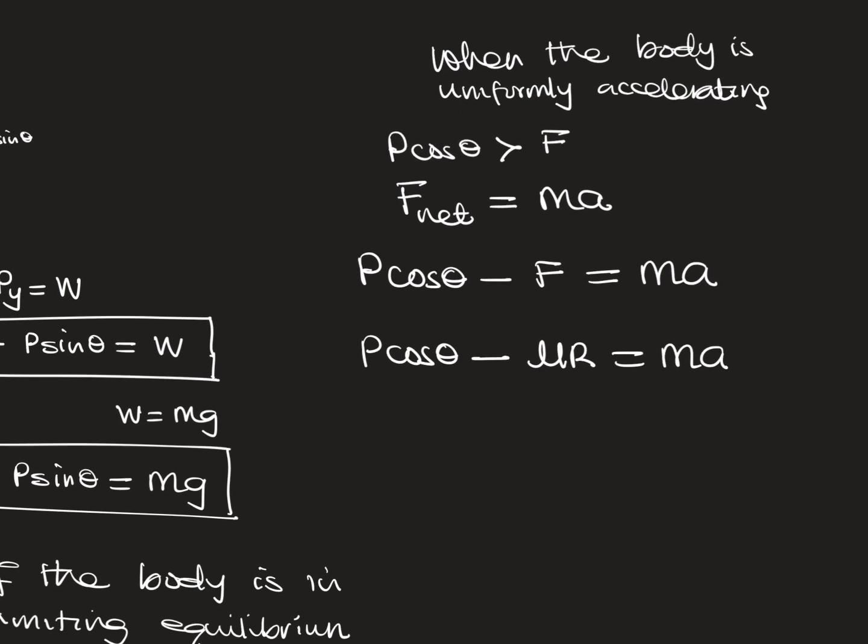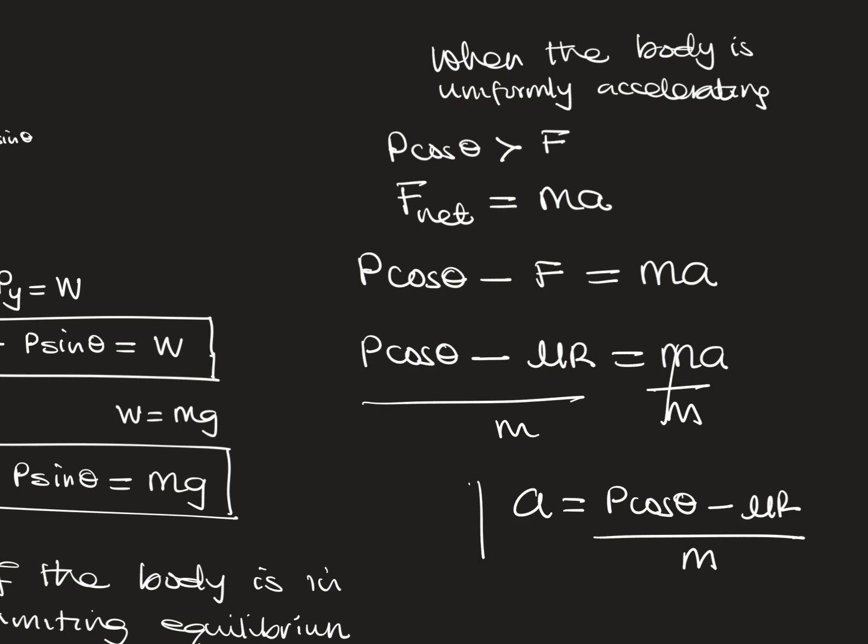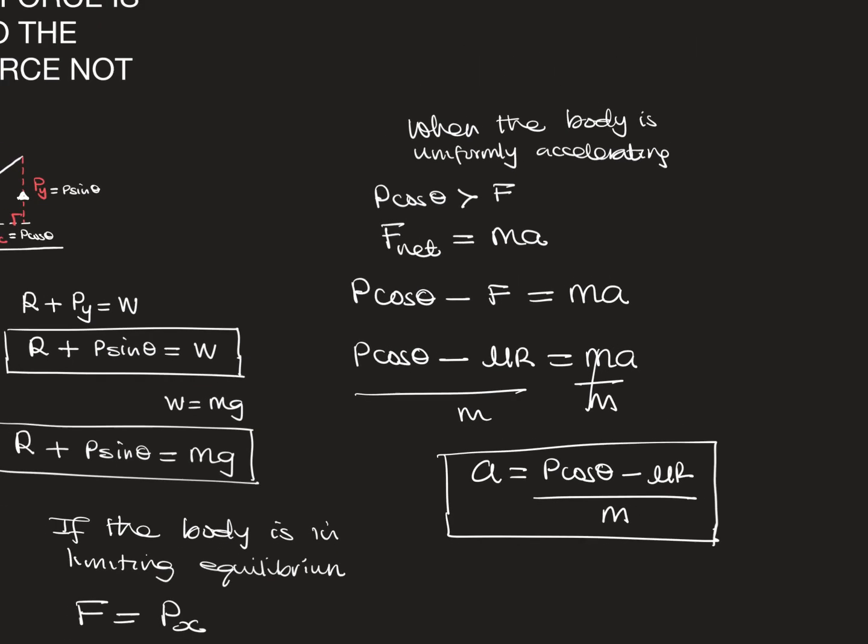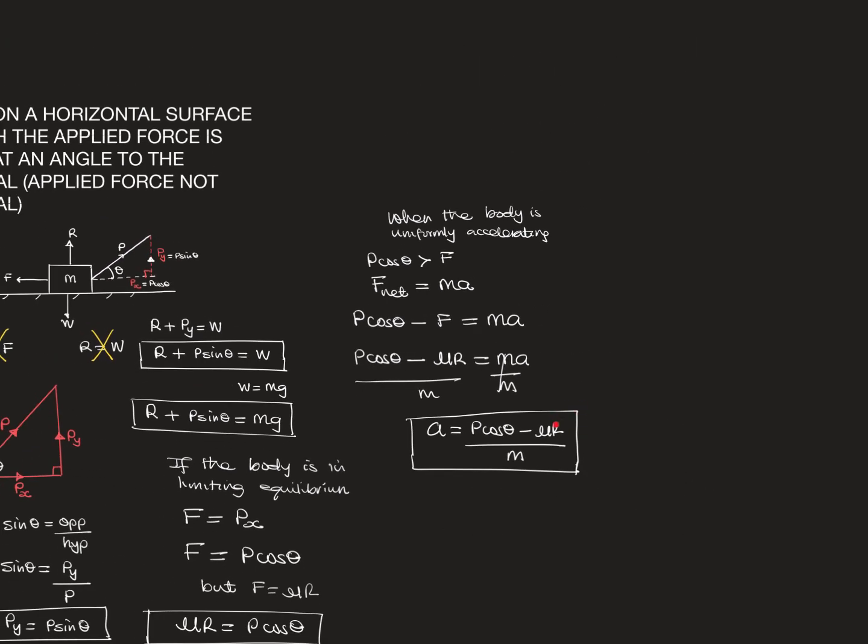We can say by dividing both sides by m, a is equal to P cos theta minus mu R all over m. And you already know how to find R by using R plus P sine theta equals mg.